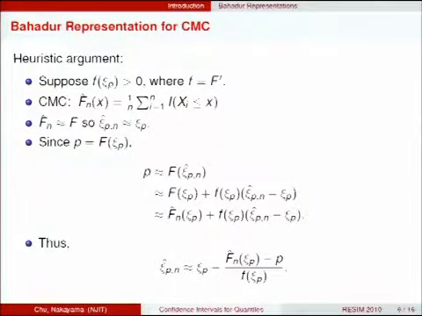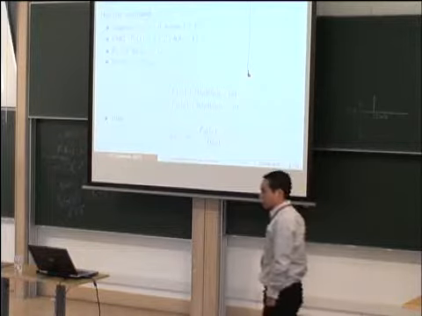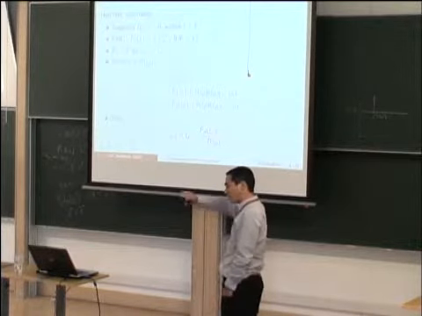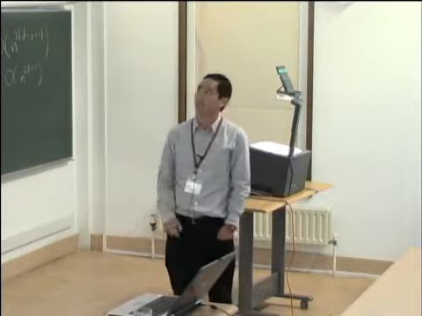Let me give you a heuristic argument about what a Bahadur representation says. Let's assume that the derivative of the CDF at the true quantile is positive. That essentially assures that the CDF is strictly increasing at that point, and so there's a unique quantile.